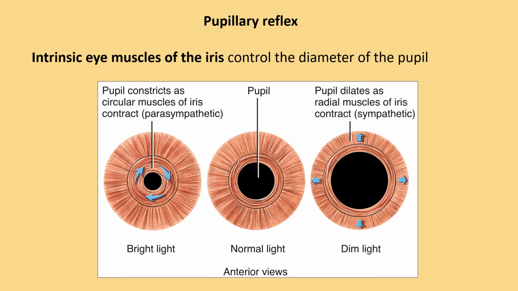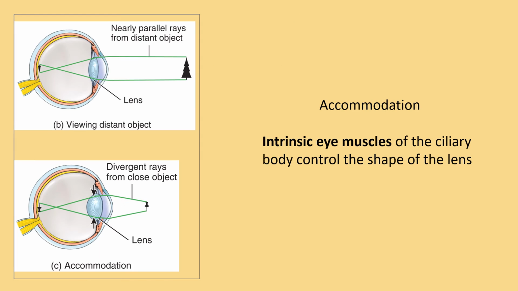And in high light conditions, such as standing in bright sunlight, the diameter of the pupil will constrict or narrow in order to let less light in. And the diameter of your pupil is controlled by a set of muscles, and these are smooth muscles. So the effector is smooth muscle, and the site of integration for the pupillary reflex is in the midbrain.